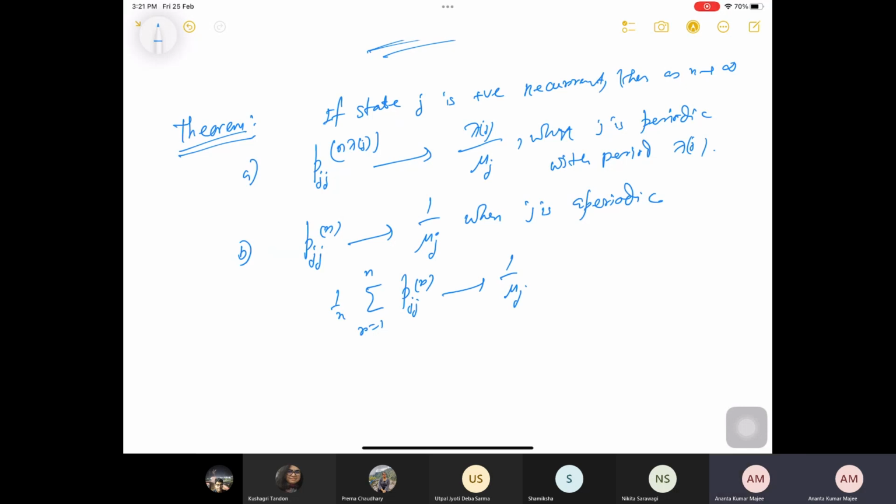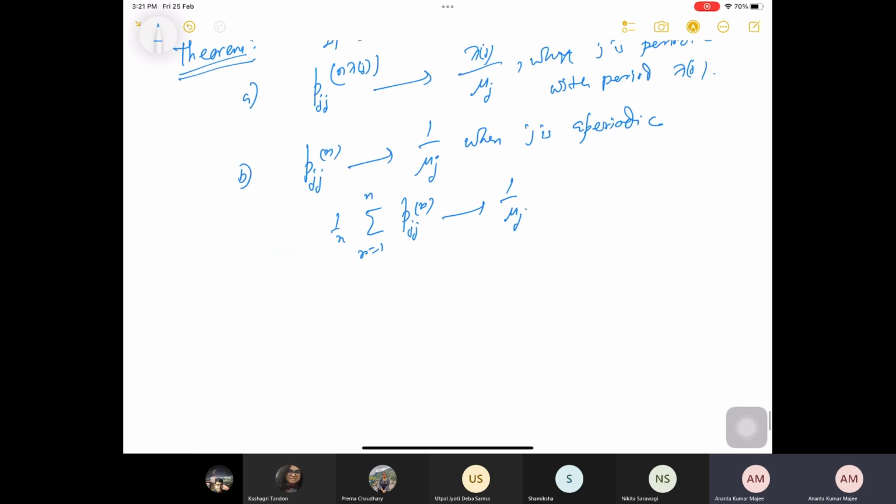Because if xn converges to some x, then you can consider y of n equal to 1 by n times the summation over i equal to 1 to n of x of i. So that also converges to 1 by mu j when j is aperiodic and positive recurrent. Positive recurrent is given to you.